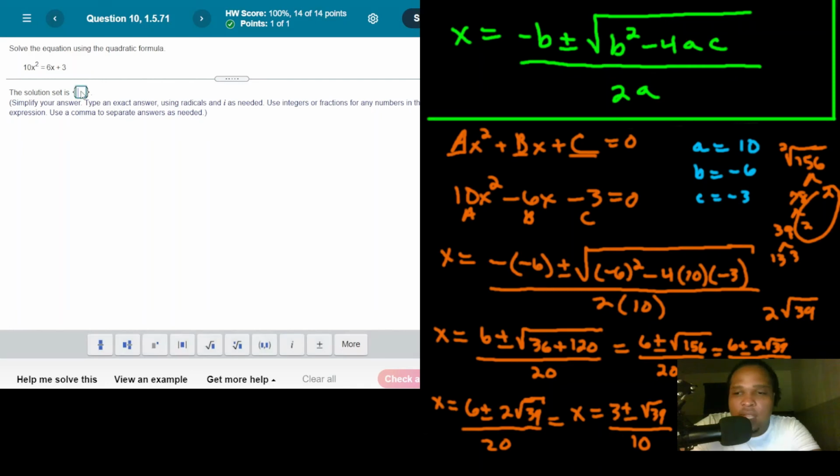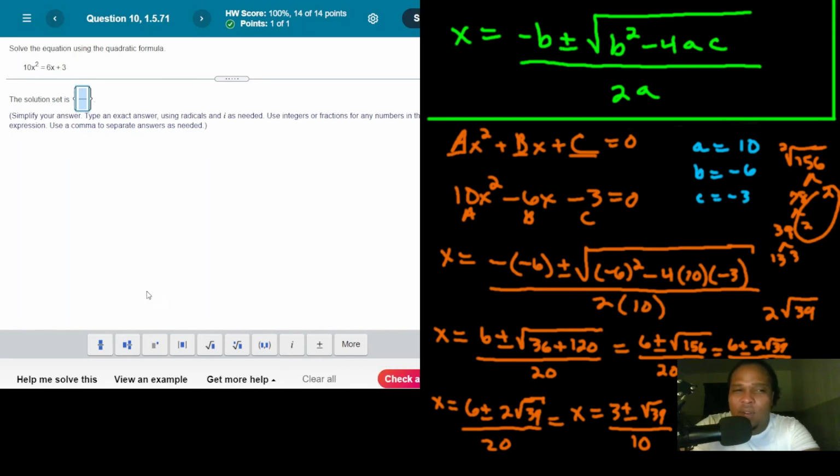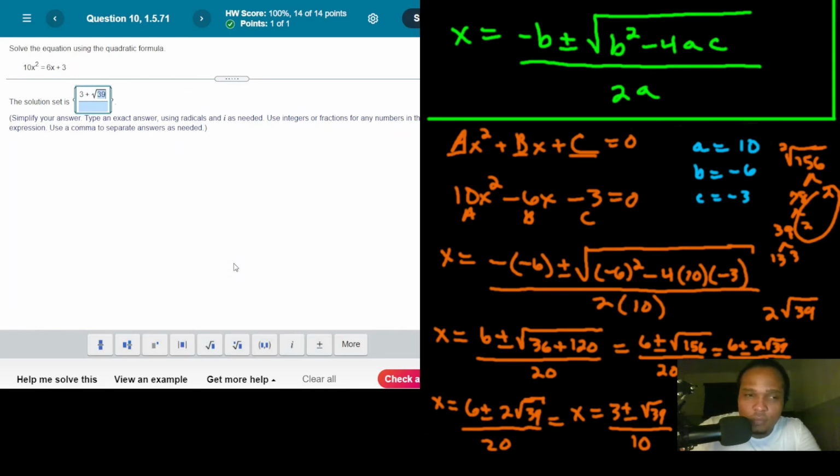So let's go ahead and put that crazy number in. All right, so we have 3. Oh, and we have a fraction. Whenever you have a fraction, type in your fraction button first. So we have 3 plus the square root of 39, divided by 10.